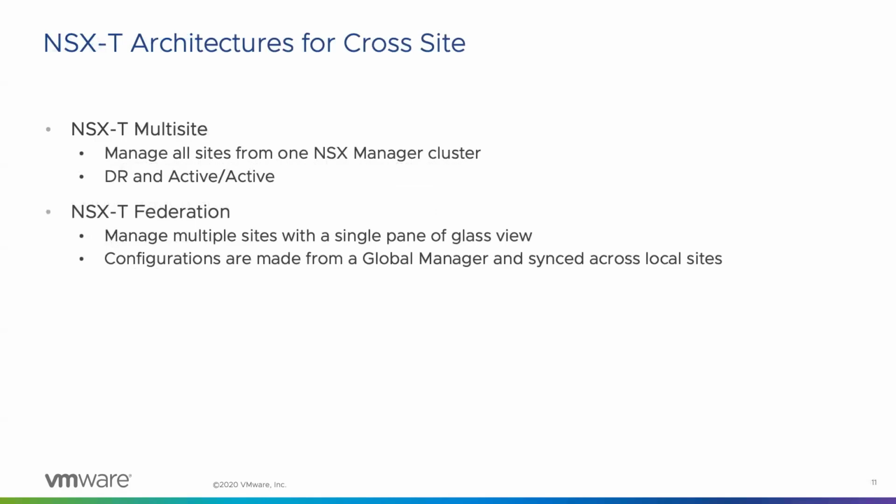So to migrate from an NSX for vSphere cross vCenter environment over to an NSX-T environment, and you want to keep that same kind of architecture, we have two different options that you can architect into. You can architect into an NSX-T multi-site environment, which means you can manage all of your sites from one NSX manager cluster. And this would be for a disaster recovery use case or an active use case.